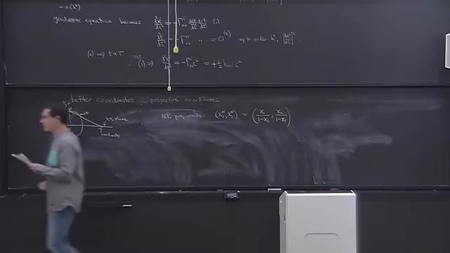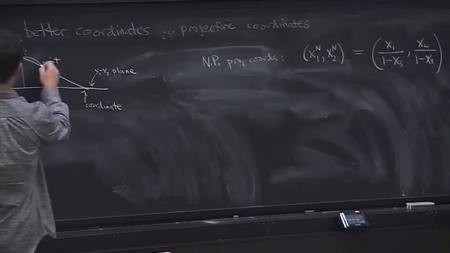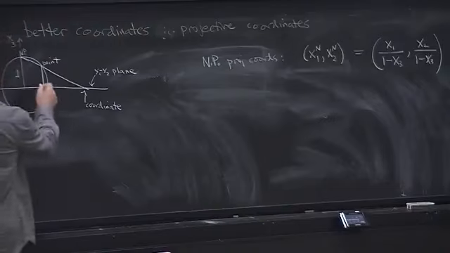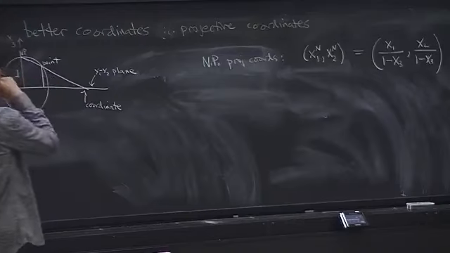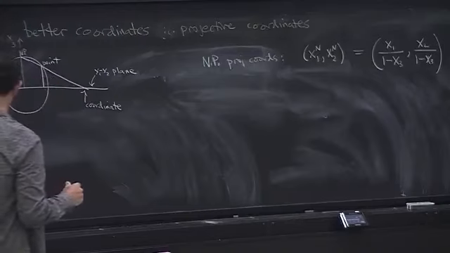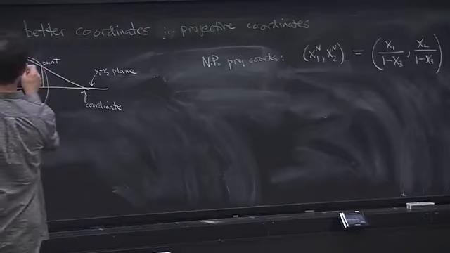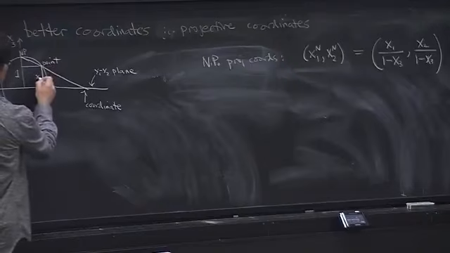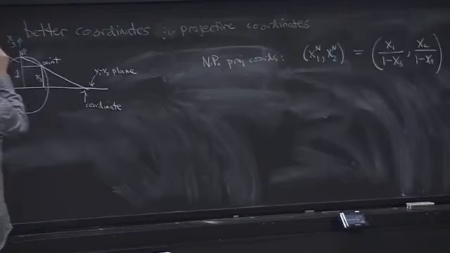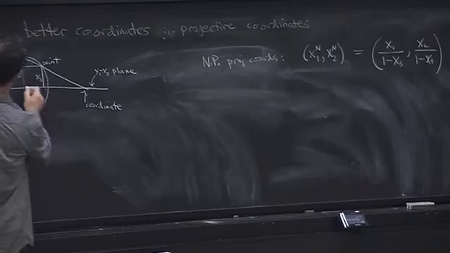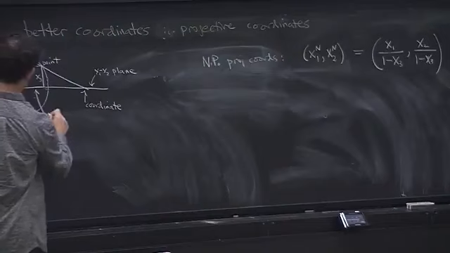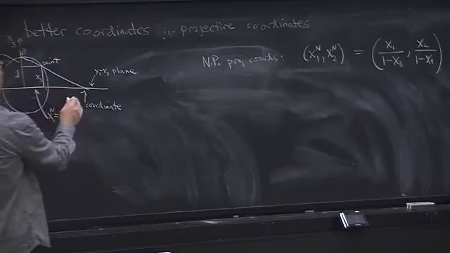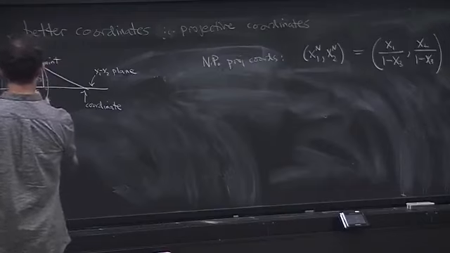And just to show you that from the picture, this length here is, of course, the radius, which is 1 for the sphere. Let me draw this diagram. The height of the point is x3, and this distance is 1 minus x3. This is x1 as well.